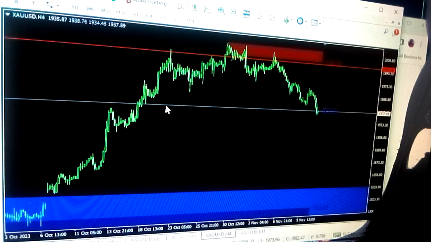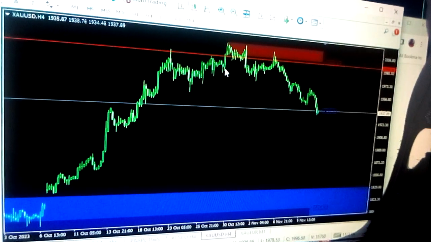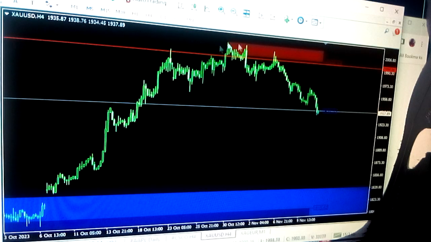So today I want us to learn about something called head and shoulder, and I want to explain for you, if you are a beginner, in a simple language that you will come to understand. When you look at this chart here, this is a gold chart, and today is Sunday, in November.